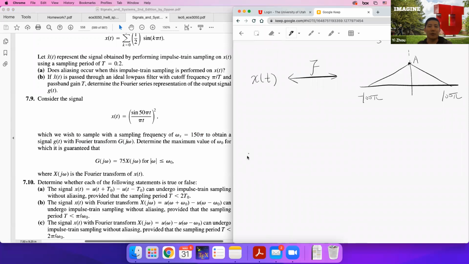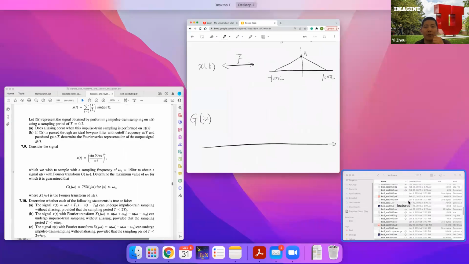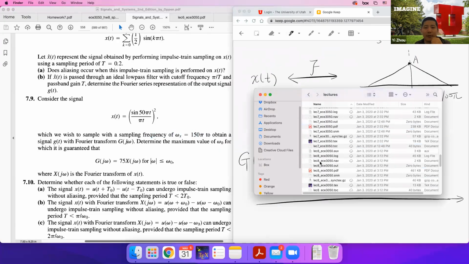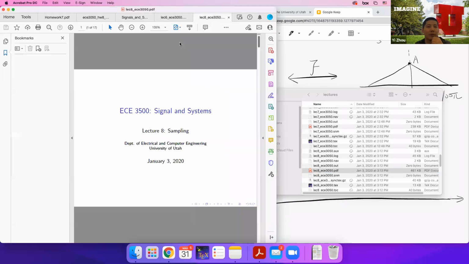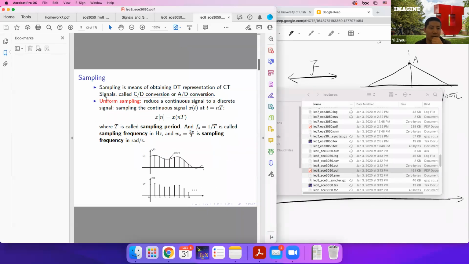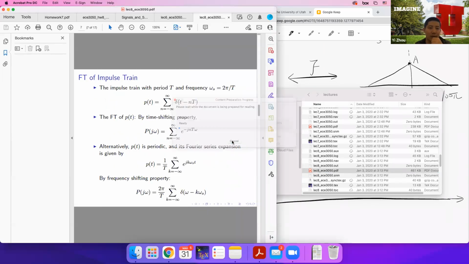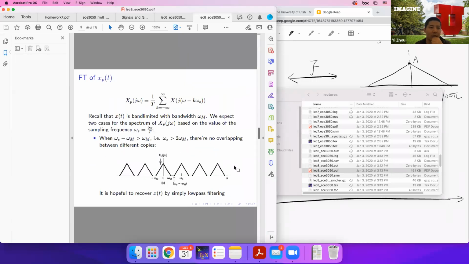So capital G is... you remember in the sampling theorem, we have a scaling of 1 over T. It's right here.